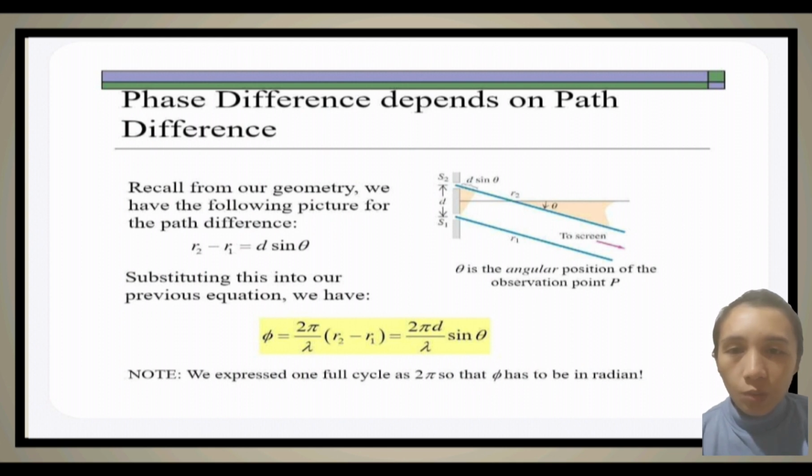Substituting this into our previous equation, we have the phase difference, phi, equals 2 pi over the wavelength times r sub 2 minus r sub 1, which equals 2 pi d over the wavelength times sine theta, the angular position. Note that we expressed one full cycle as 2 pi, so the phase difference has to be in radians.